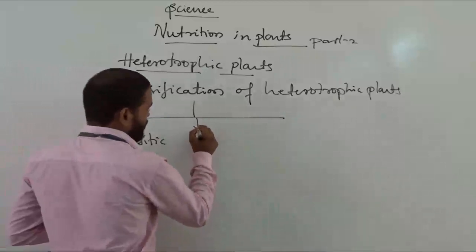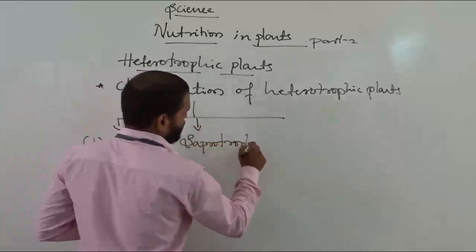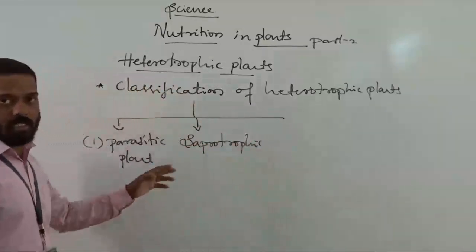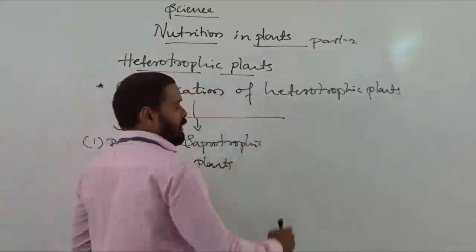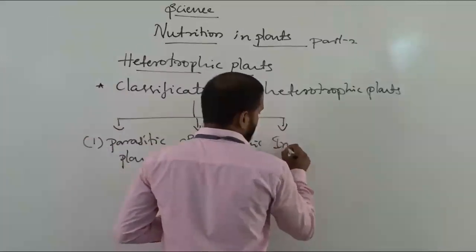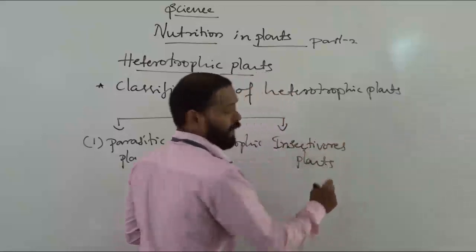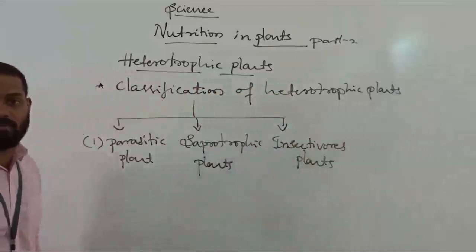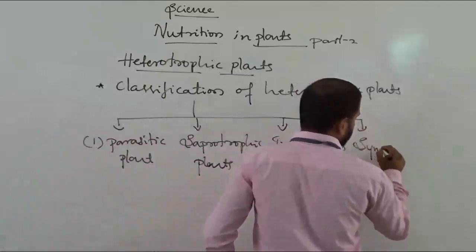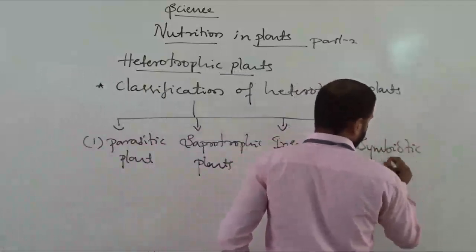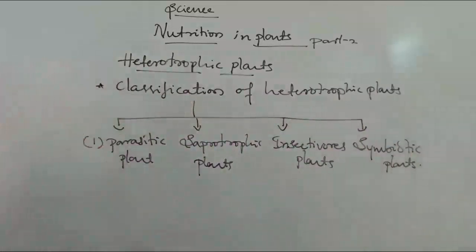The second one is saprotrophic plants, also one kind of heterotrophic plants. The third one we can call insectivorous plants. This is also another classification of plants. And the next one is symbiotic plants. This also we can generally consider as heterotrophic plants.